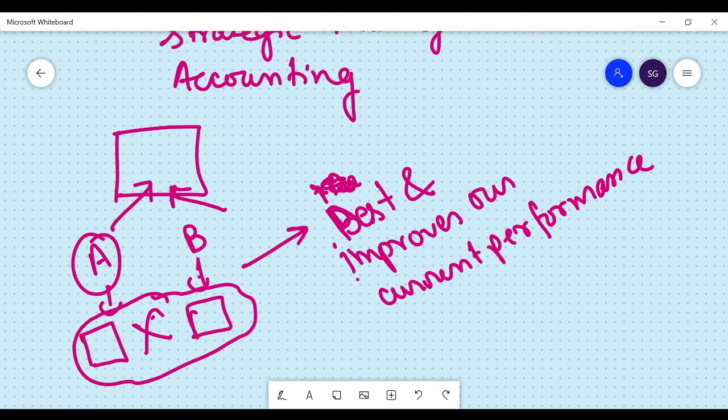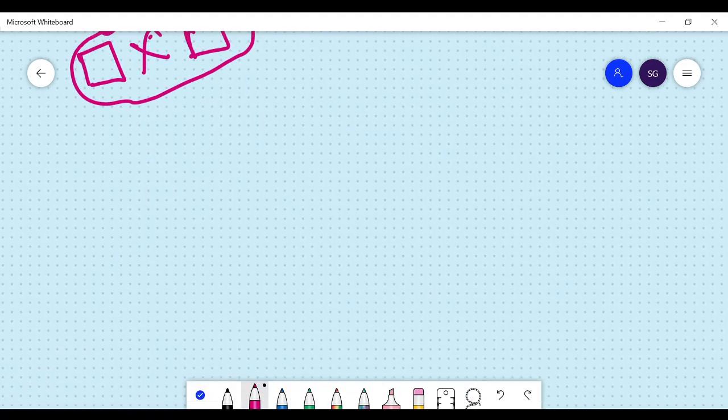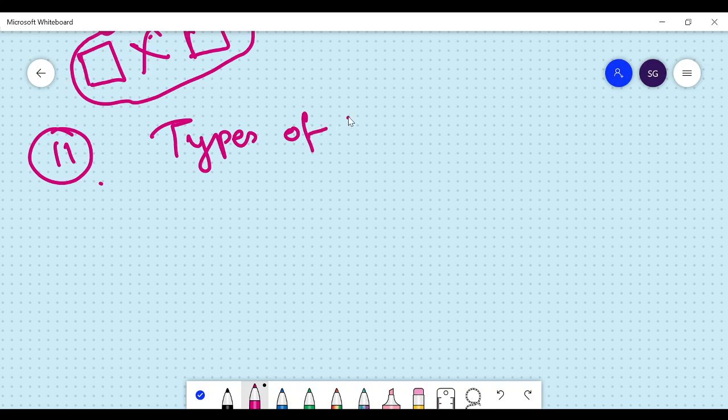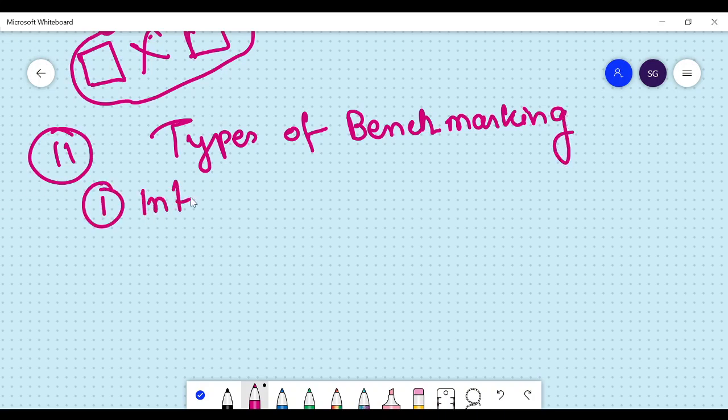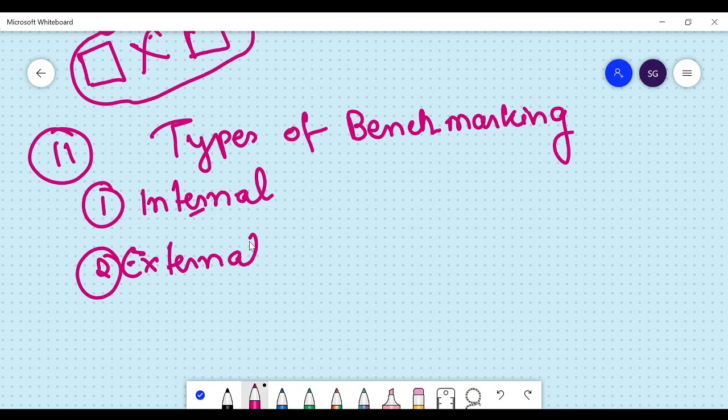So, next point is 11th point, which includes types of benchmarking. First is internal, second is external, which includes three types.